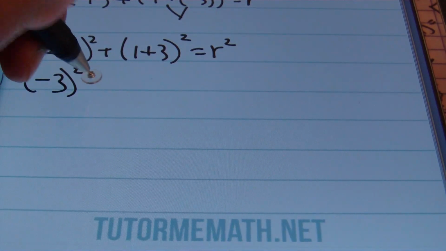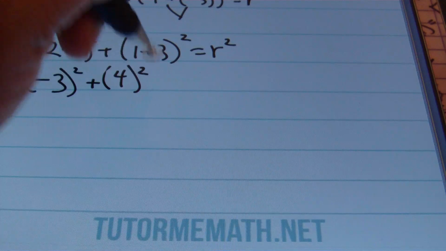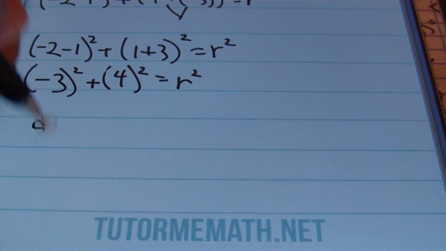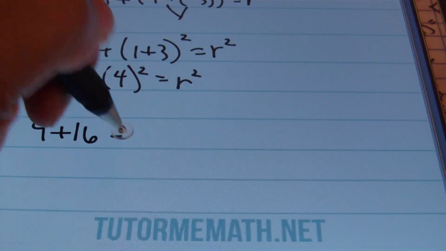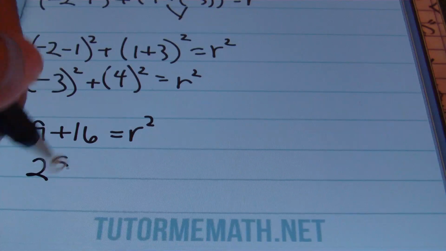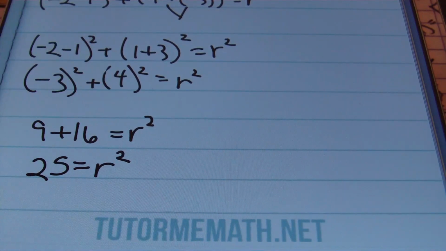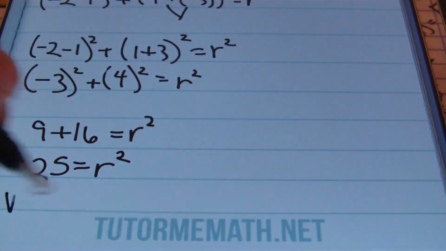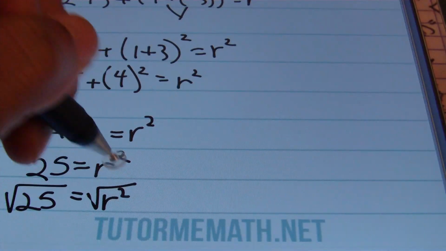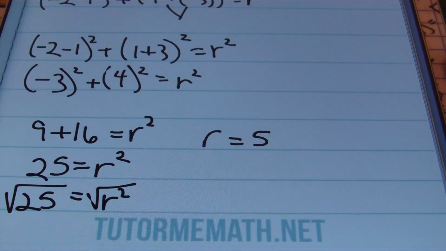That'll be negative 3 squared plus 4 squared, which equals r squared. Negative 3 squared is 9 plus 16, which equals r squared. Adding 9 plus 16 gives us 25, which equals our radius squared. And taking the square root of 25 and finding the principal root, you'll find that your radius is equal to 5.